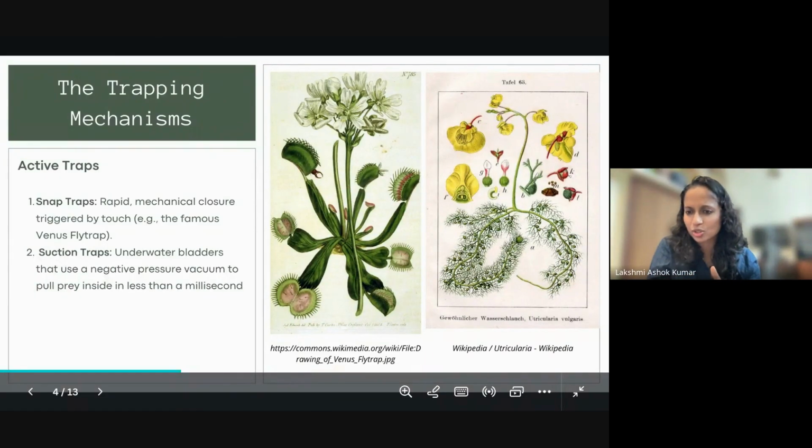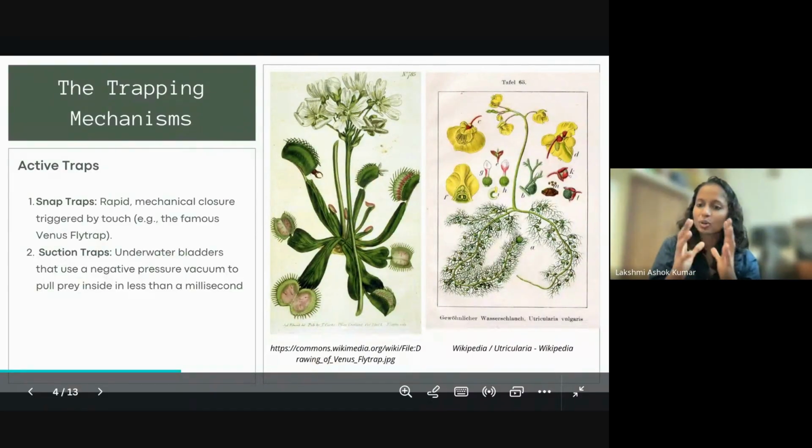So it might have touched two feelers at the same time. But what if it closes and starts releasing the digestive enzyme? It will go for no use. So it has to check if the thing that has been caught in the trap is potential food.